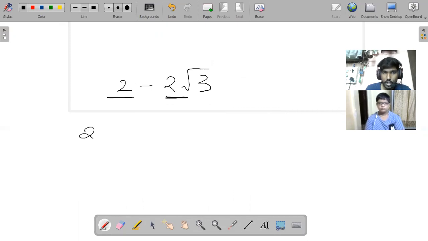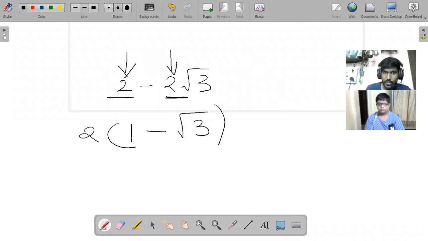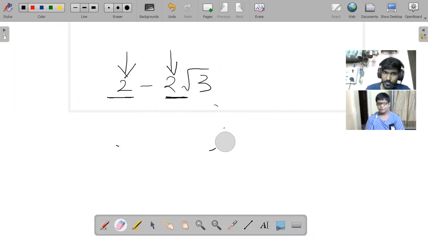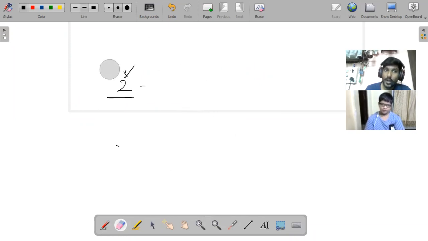When you take 2 common outside and put it inside the bracket, you will put 1 minus, now this 2 went outside, so you can ignore that, and root 3. So 1 minus root 3, with 2 outside. Is it clear what I'm trying to say here? So when we put the 2 outside, we get the 1 inside.